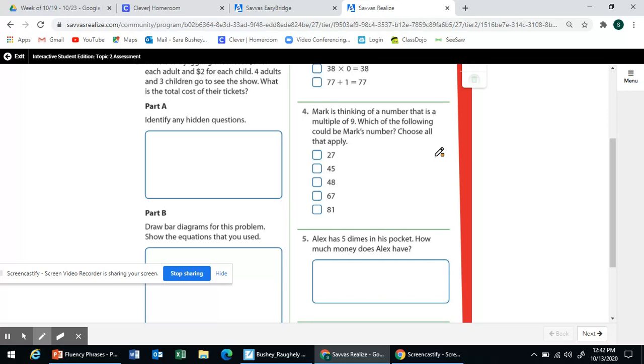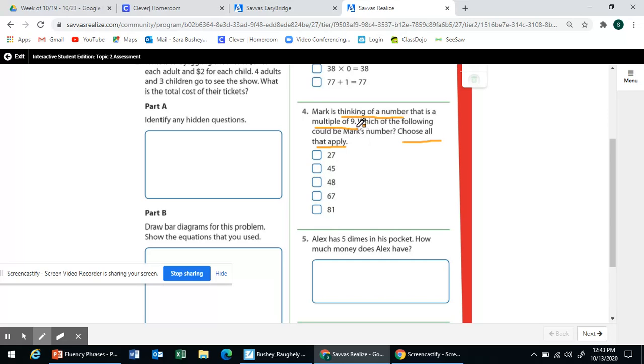Choose all that apply. So in this question, I see multiple of 9. Thinking of a number. Choose all that apply. Those are important pieces of information that I noticed when I was reading this. So in order to answer this, you have to know what a multiple is. A multiple is a number you say when you skip count by a number.